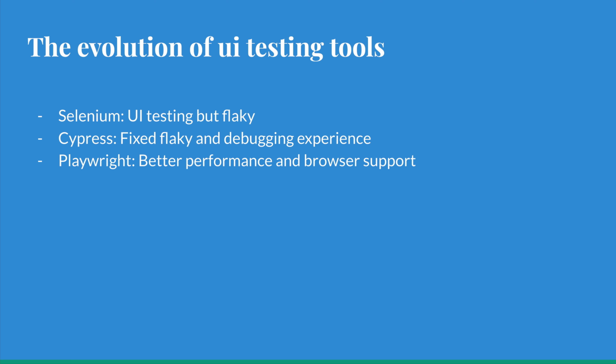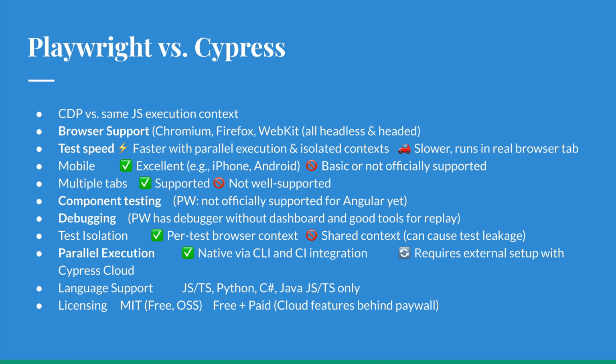And the browser support was better as well, as it was not relying on running in the same JavaScript context as the app. That also allowed you to be more flexible with the programming languages you write your Playwright tests in. So that's why we're focusing on Playwright and not Cypress in this module. So let's go through the decision: what actually made me recommend Playwright now over using Cypress for so many years. I've otherwise been quite happy with Cypress, especially coming from Selenium.